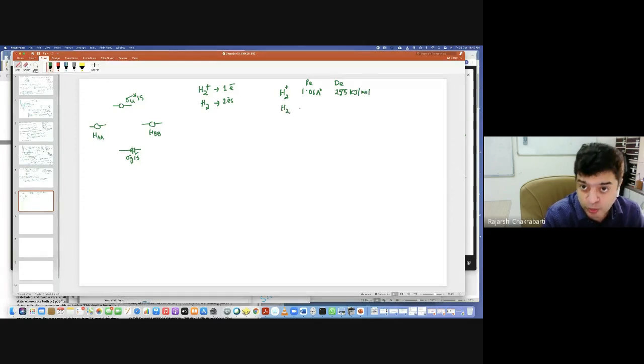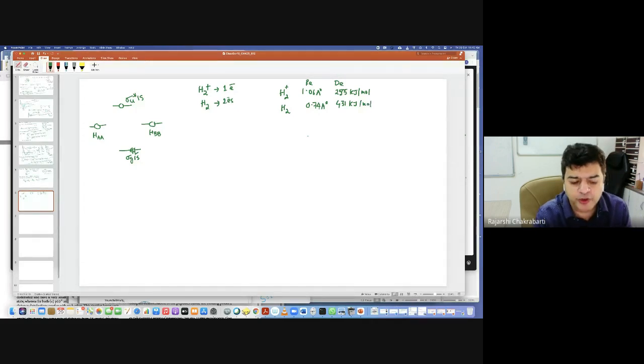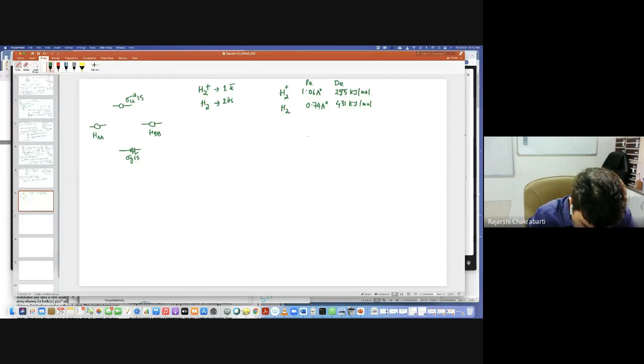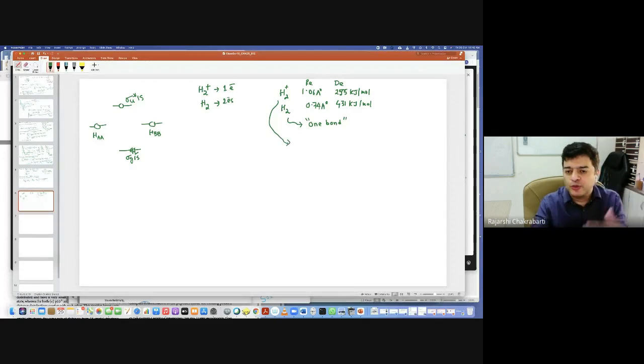For H2 molecule, this is 0.74 angstrom, and this is 431 kilojoule per mole. Of course, for H2, there are two electrons that are equally shared in the covalent description. How many bonds are there in H2 molecule? One bond, isn't it? So if I follow this definition, H2 plus would have what? Half a bond, isn't it?